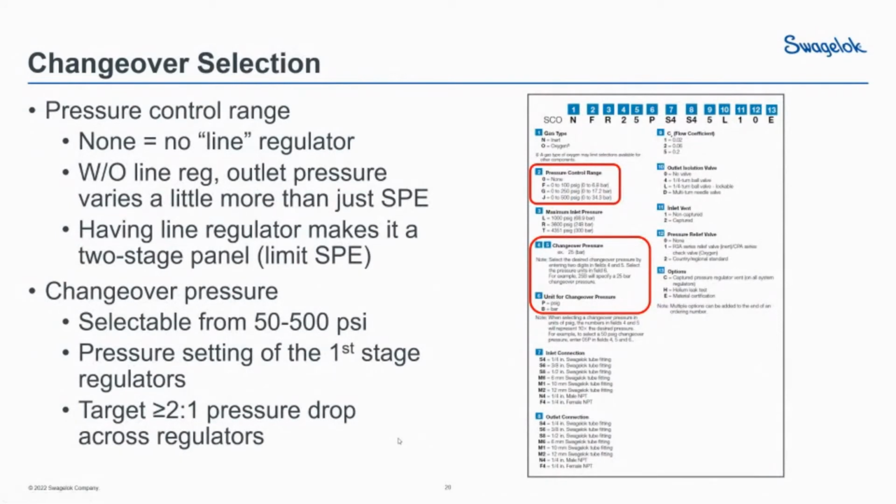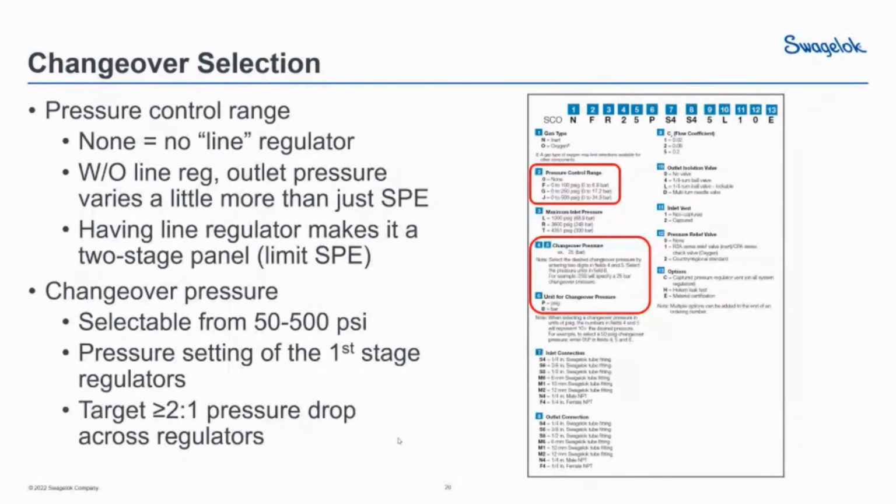So, having talked about how they operate, let's talk a little bit about some of the important parts about selecting these. On the right, we see an excerpt from the Swagelok catalog for the SCO. And there are many things that you can choose in the part number, but we're going to focus on two things. The pressure control range.